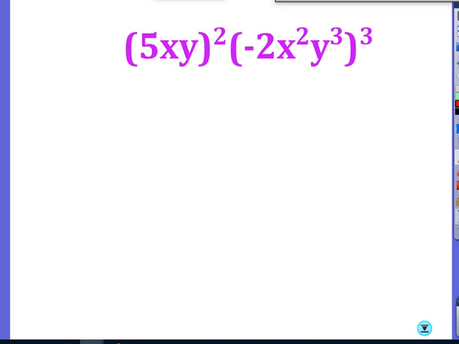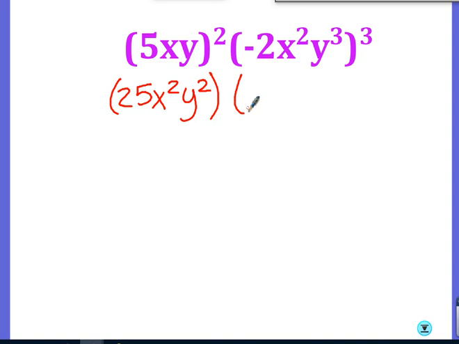This next example will have two sets of power to power. Again, we know this is power to power because there's an exponent on the outside of the parentheses. For the first parentheses, you will get 25 x squared y squared.